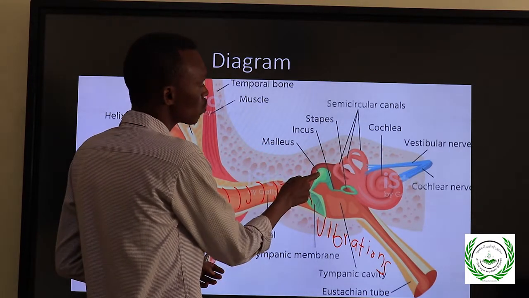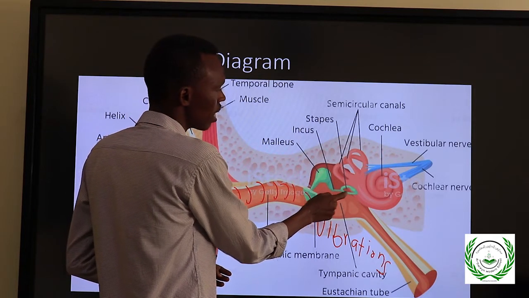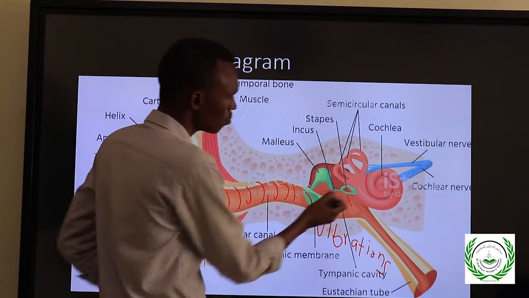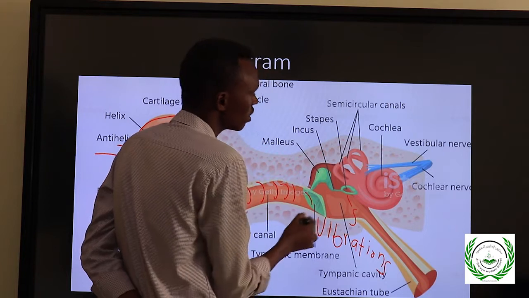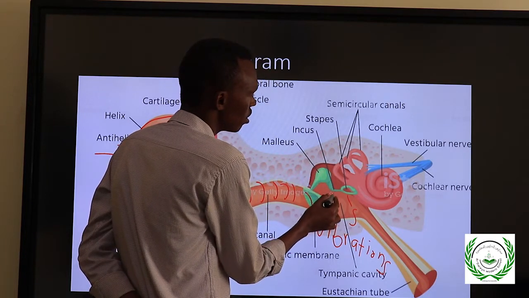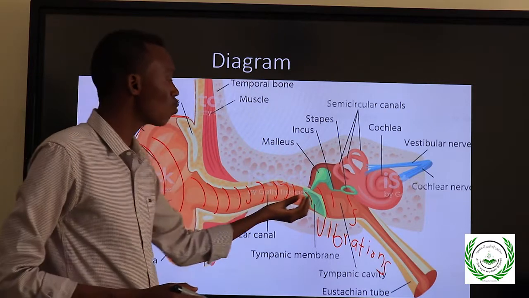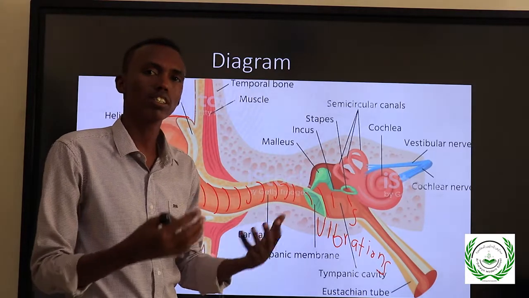This is the malleus, this is the incus, and this is the stapes. So whenever sound waves hit the eardrum, it creates a vibration.